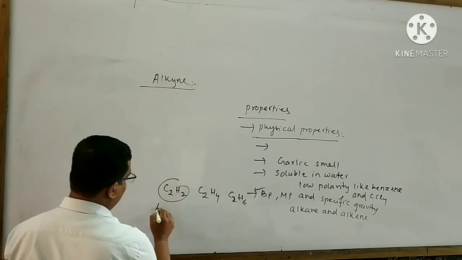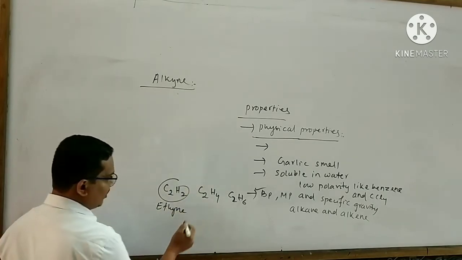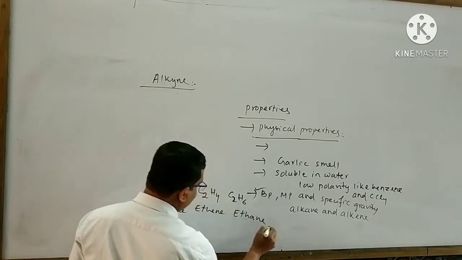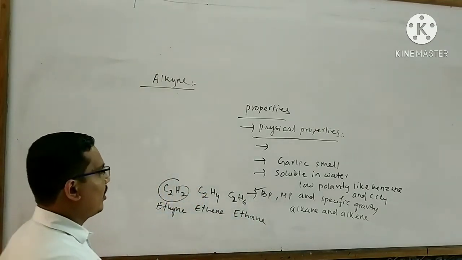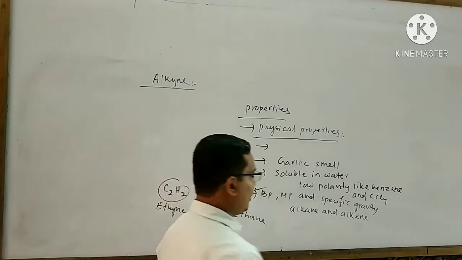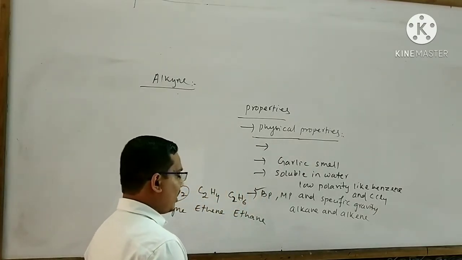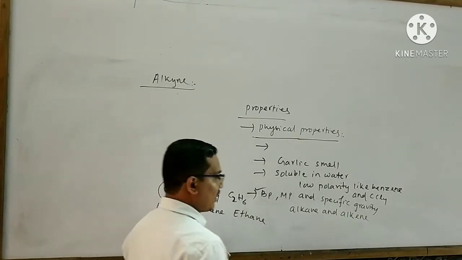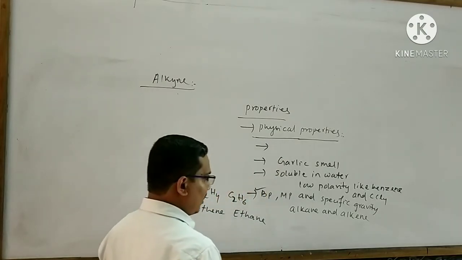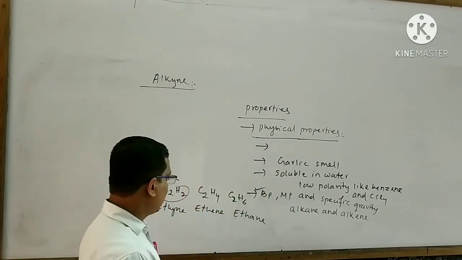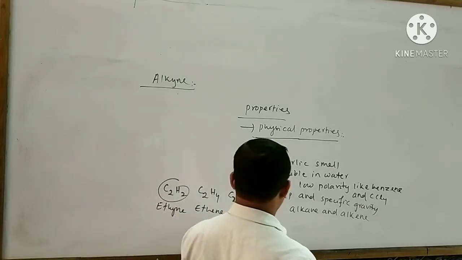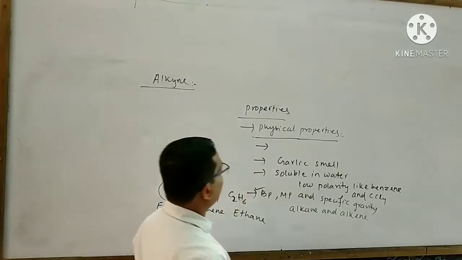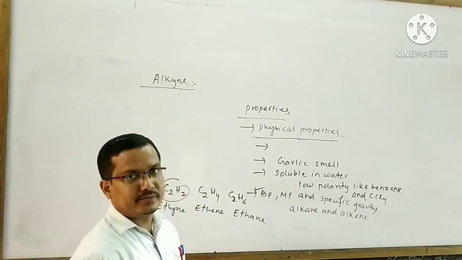This is ethyne, this is ethene, this is ethane. If I think about the boiling point, melting point and specific gravity of ethyne, then what will happen? The melting point, boiling point and specific gravity of ethyne are slightly higher than those of ethene and ethane. These are some physical properties of alkyne.